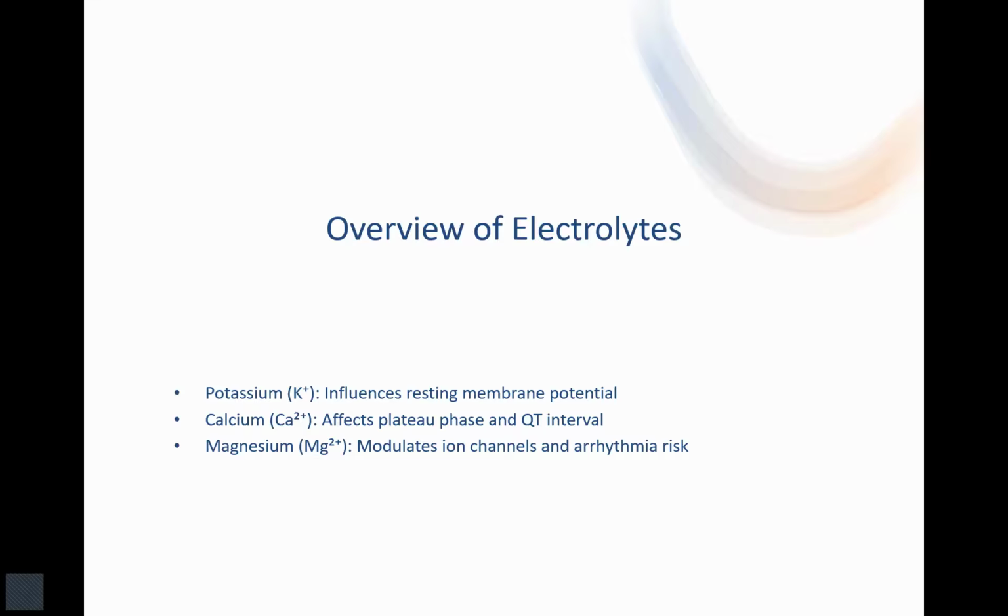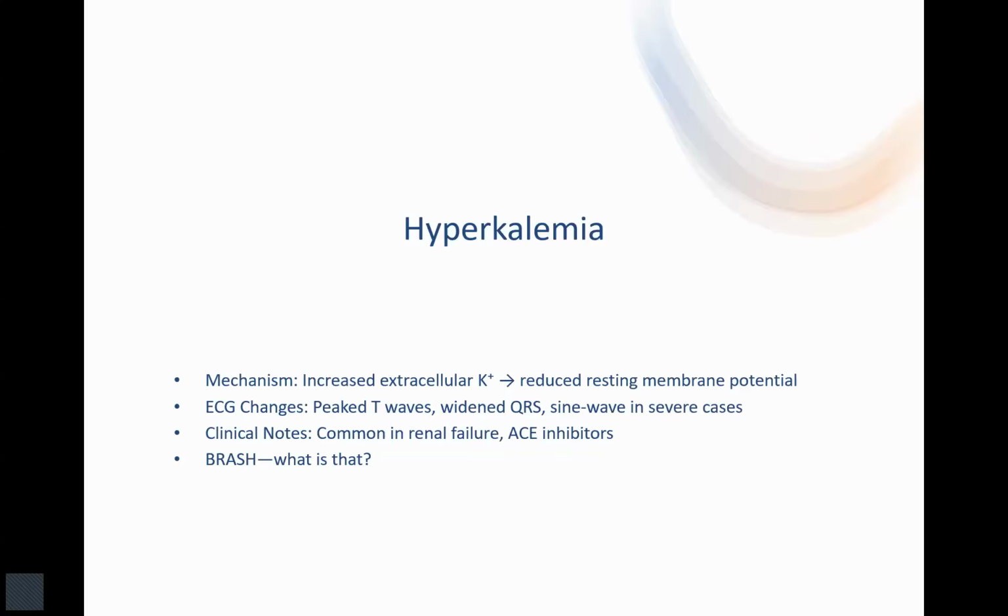And magnesium, if we were going to summarize its influence, modulates ion channels, but also, as we know, carries some arrhythmia risk. I think the one electrolyte abnormality that people feel fairly confident in is hyperkalemia, right? You tend to know the risk factors. You tend to know what it looks like. Let's go over a little bit of what happens, and then I'm going to start to show you some examples.